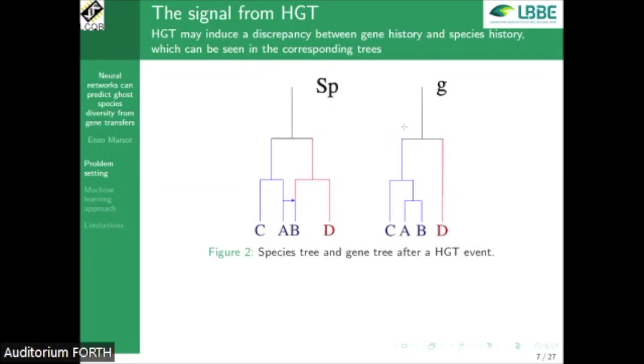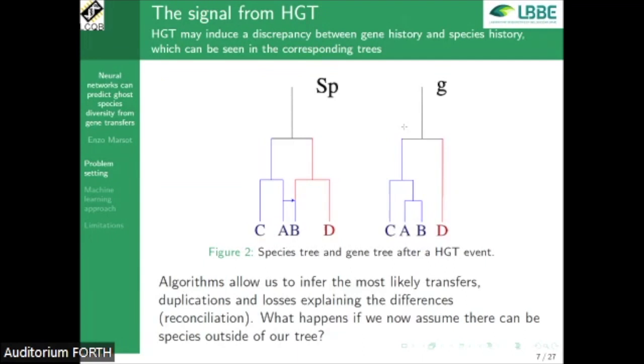So we obtain this discrepancy between the species tree and the gene tree. We actually have algorithms which allow us to go from this discrepancy from G and the species tree to a transfer explaining the discrepancy. In this case, that's okay. We suppose there are no ghost species and everything functions fine.